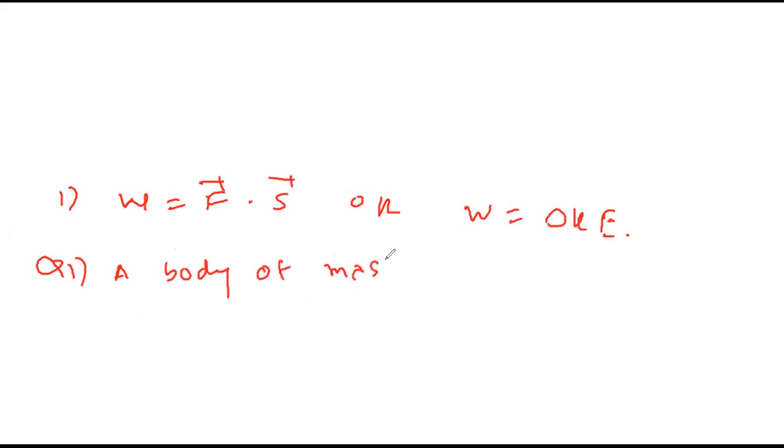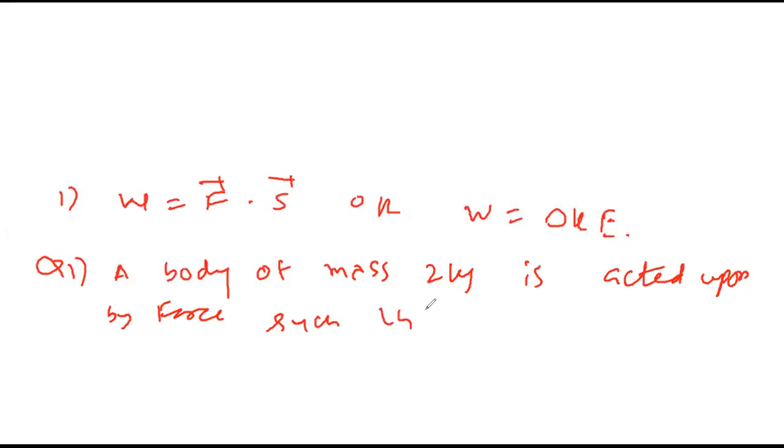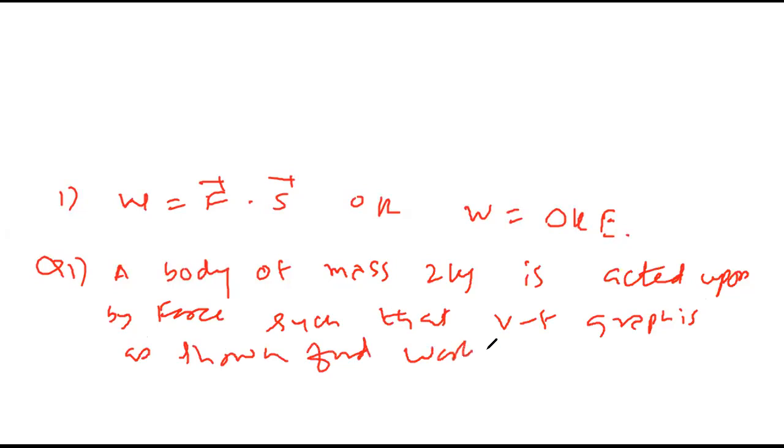A body of mass 2 kg is acted upon by a force such that the velocity time graph is as shown. Find work done by this force.